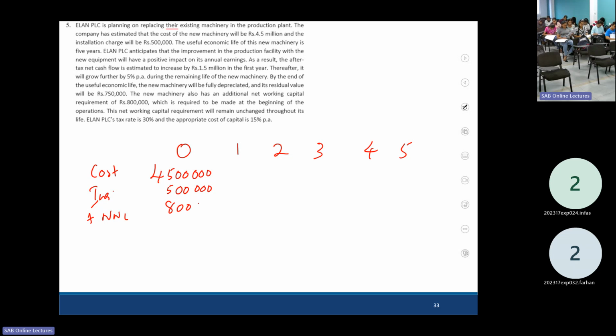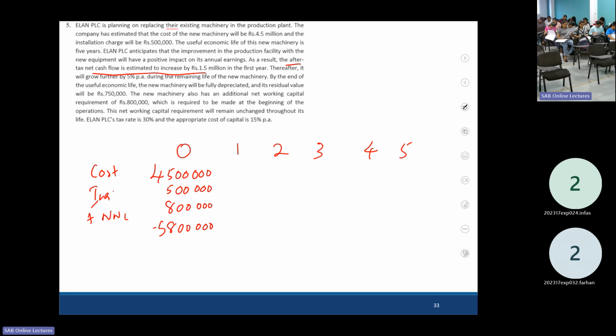So total cost is how much? 5.8 million. So then, as a result of that, the after tax net cash flow is estimated to increase by 1.5 million.